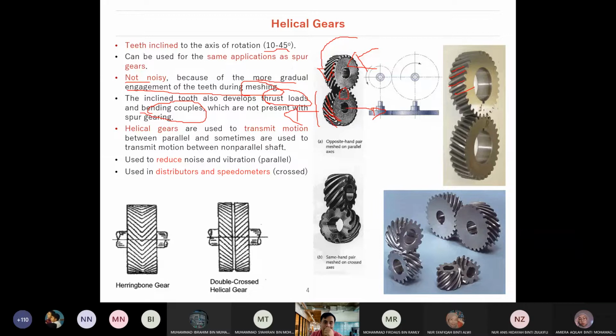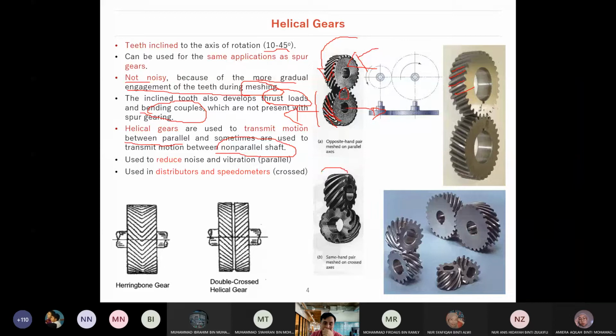That's why we have a thrust load. So according to the general statement here, it can transmit between parallel shafts and sometimes is used to transmit motion between non-parallel shafts. But usually we use it for parallel shafts.